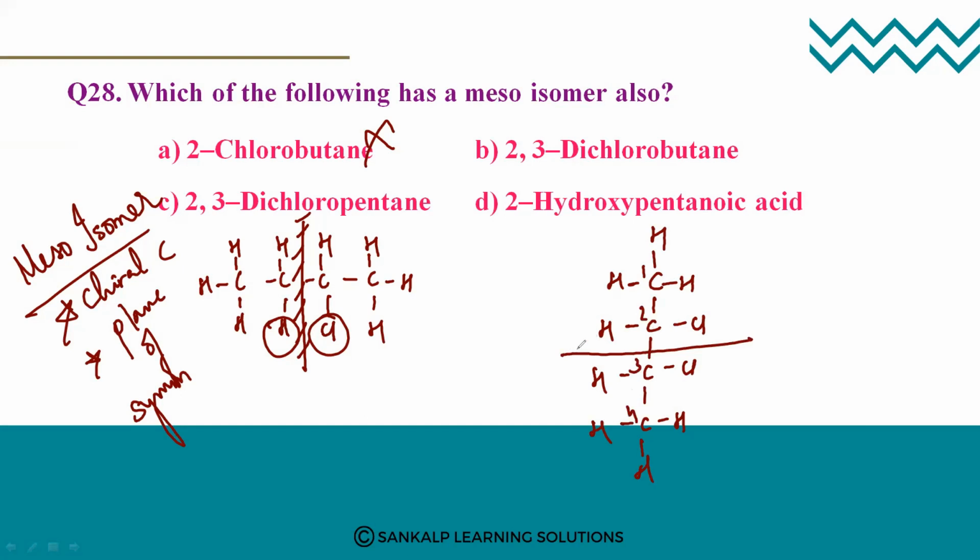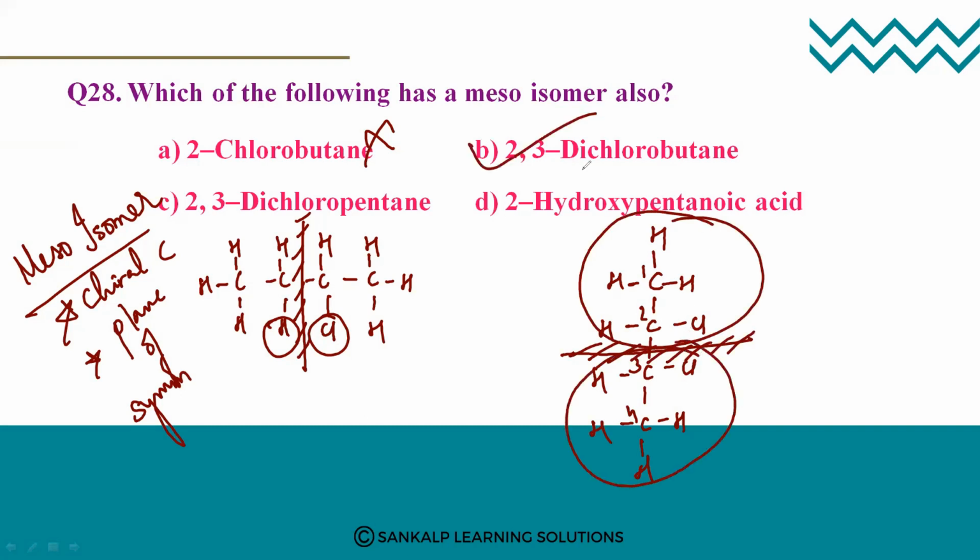So if I put a plane of symmetry here, yes, it is a meso isomer. So option number B is the correct answer, that is 2,3-dichlorobutane. It is a meso isomer. Understood?